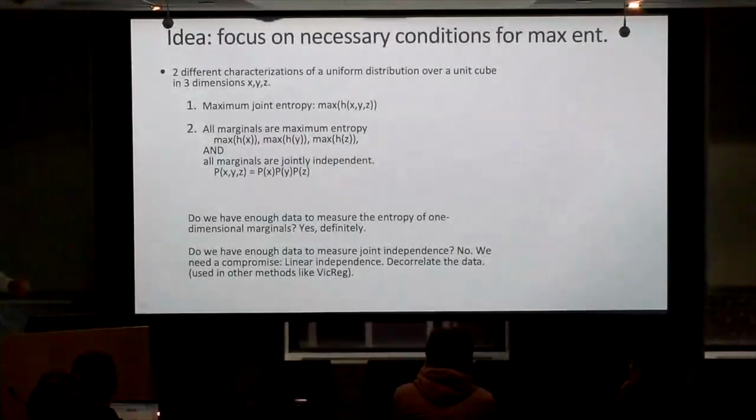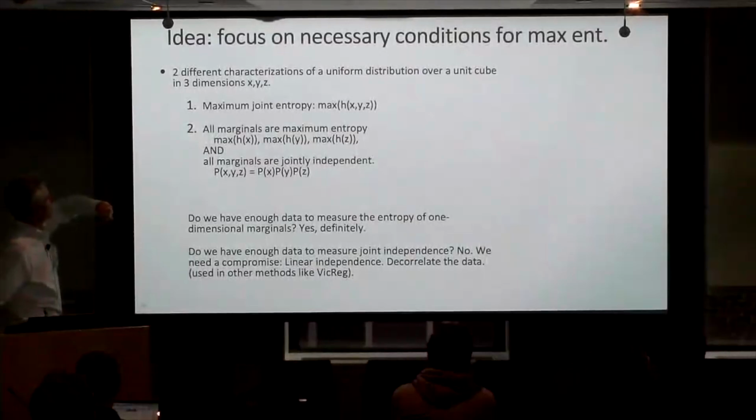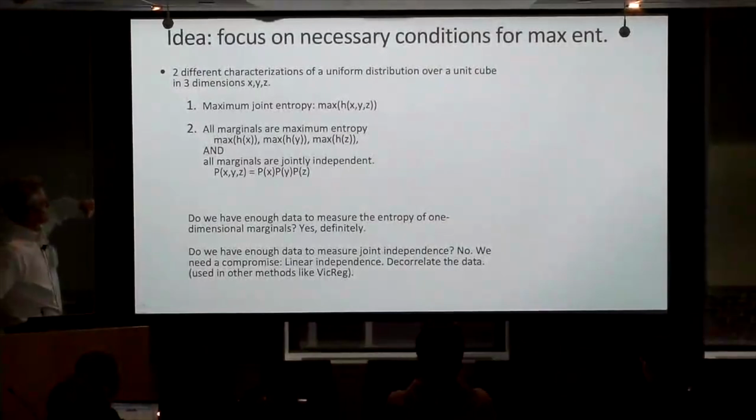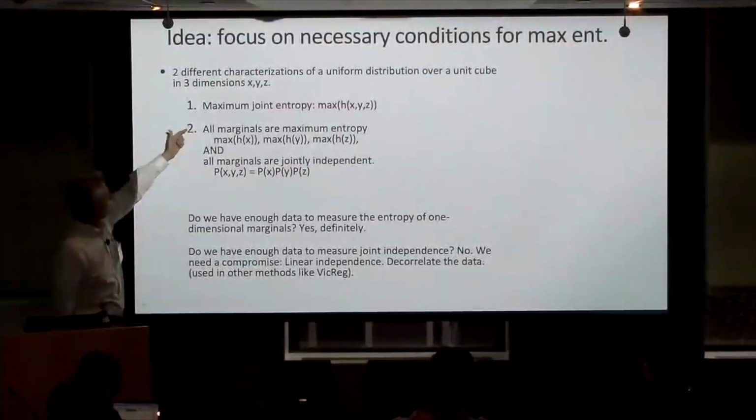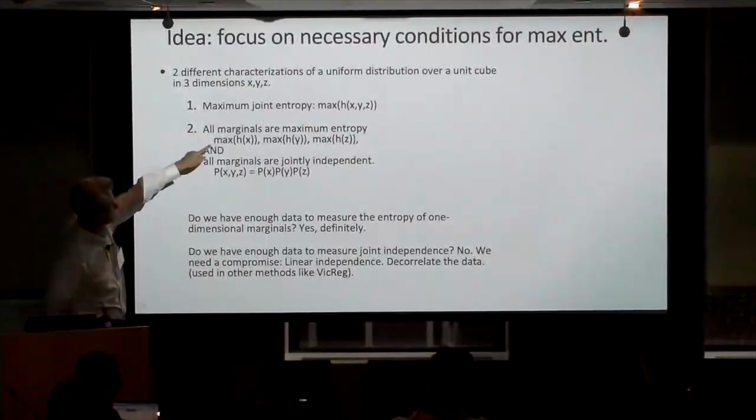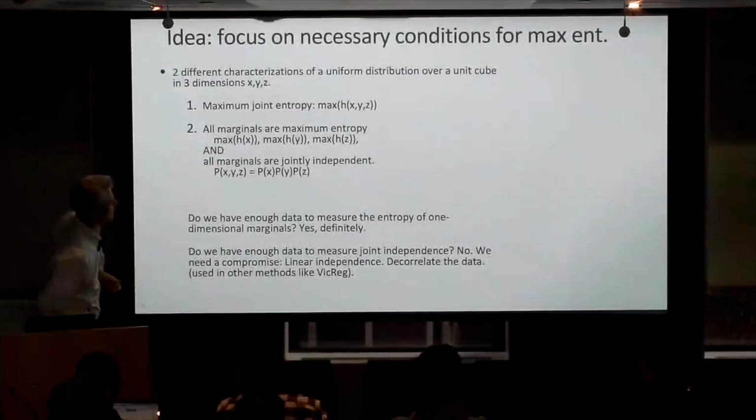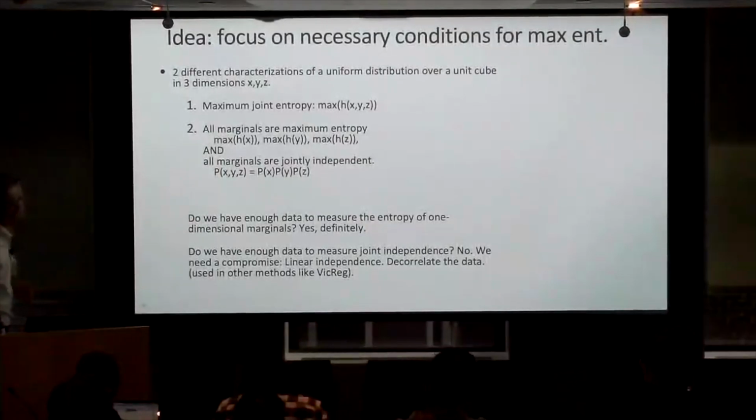So now I'm going to tell you a little bit more about what our solution was. Deep gave a very nice and quick summary, so let me go into a little more detail. There are two different characterizations of a uniform distribution over a unit cube. I'm going to use 3 dimensions in my example, x, y, and z. A uniform distribution maximizes the joint entropy, so it's the max over h of x, y, z, where h is the differential entropy.